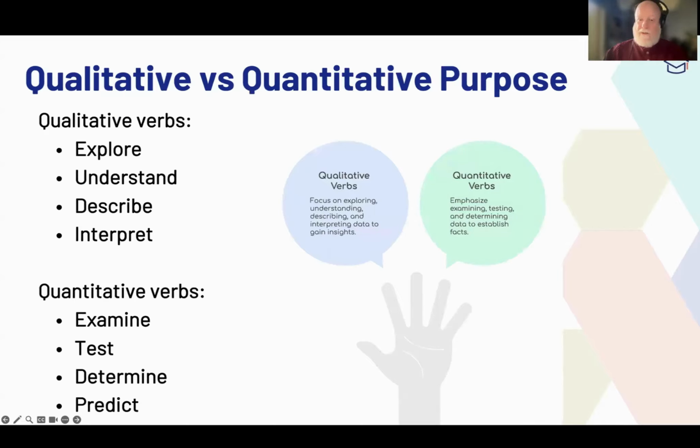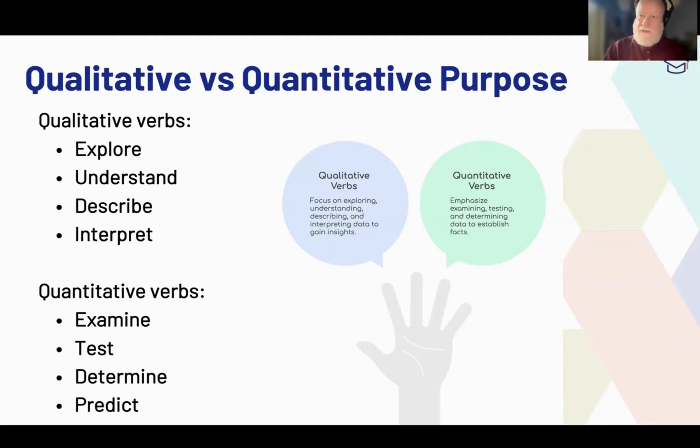So we might want to distinguish between a qualitative versus a quantitative purpose. This kind of comes down to the choice of verbs. In qualitative studies, you want to see verbiage like explore, understand, describe, interpret. And in quantitative purposes, you'll use words like examine, measure, test, predict.